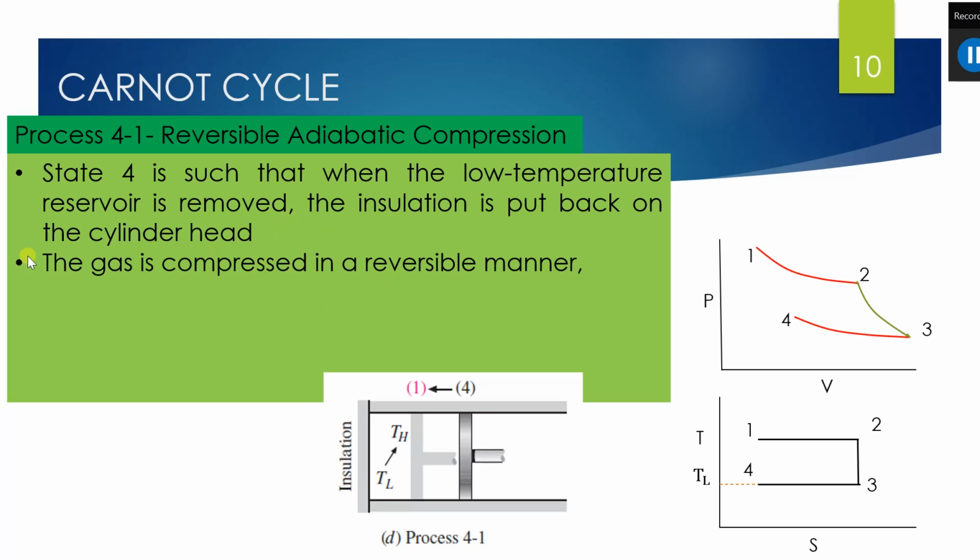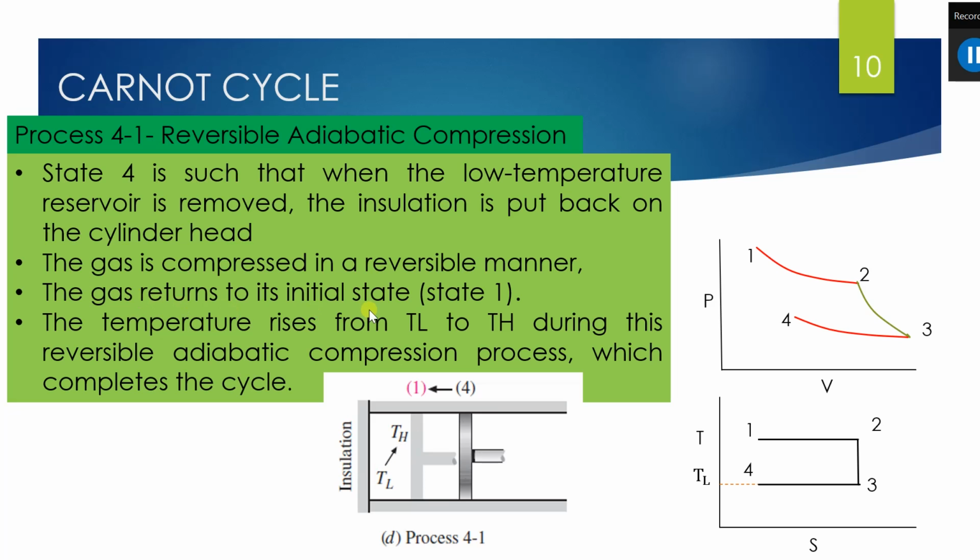And the gas is compressed in a reversible manner from 4 to 1. The piston moves from 4 to 1 and the gas inside it is compressed. Because of this compression, the temperature rises from TL to TH, and hence the complete cycle completes.